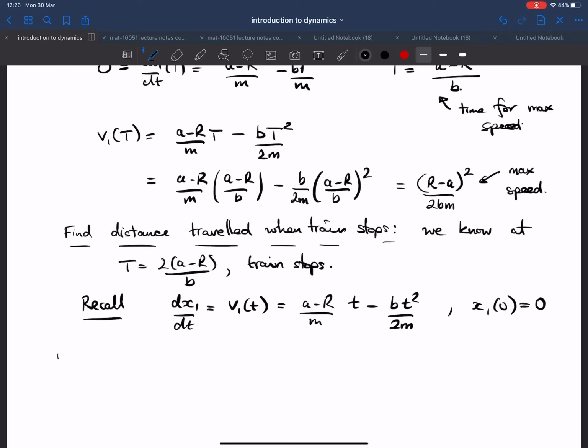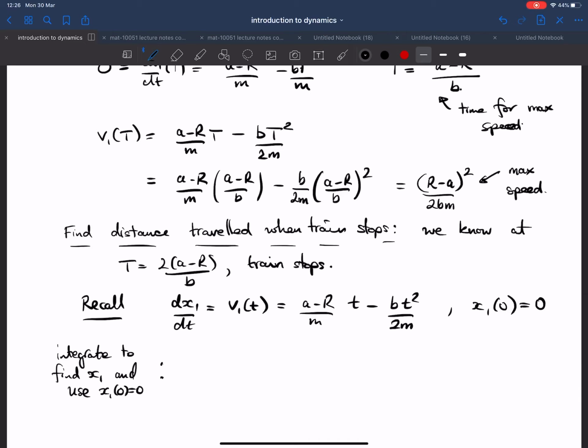So integrate with respect to t to find x1, and use x1 of 0 equals 0, which gives us the following.